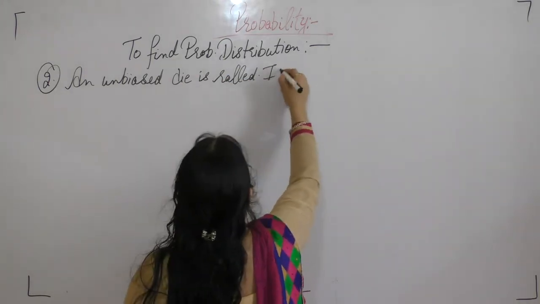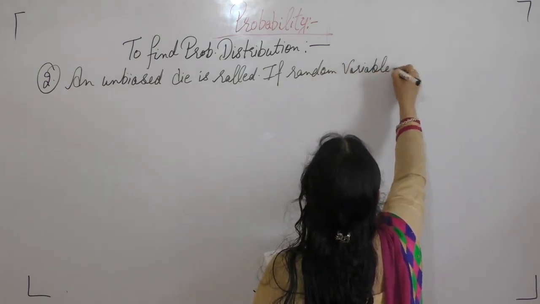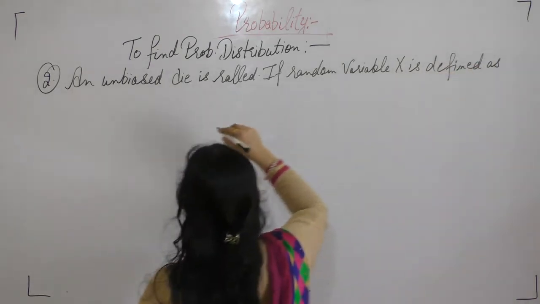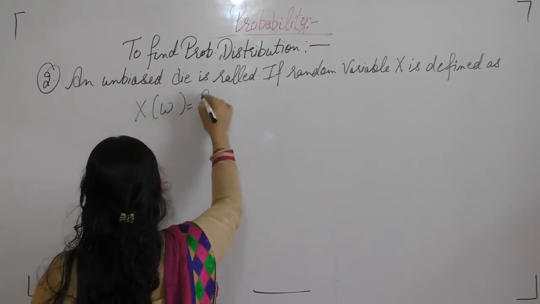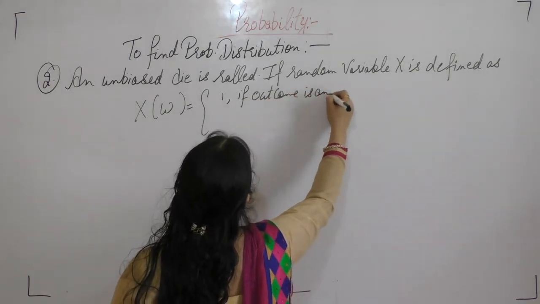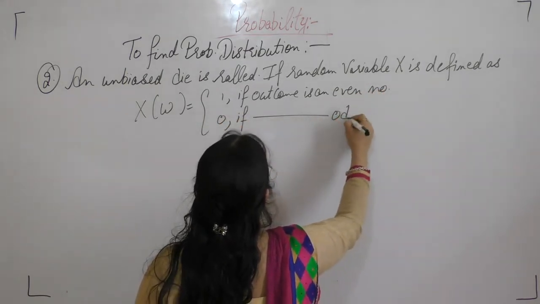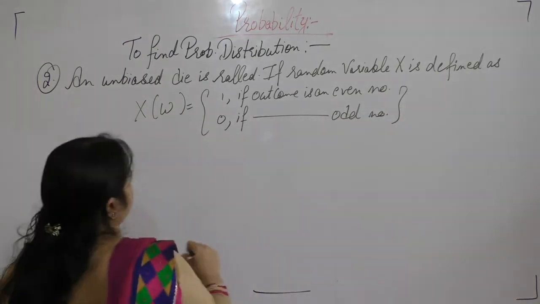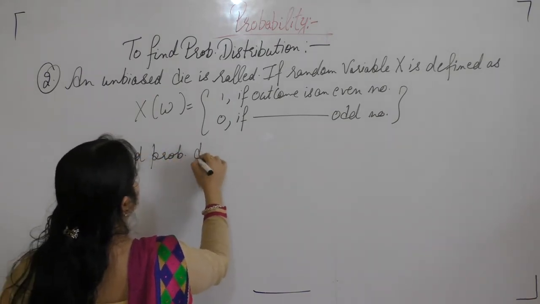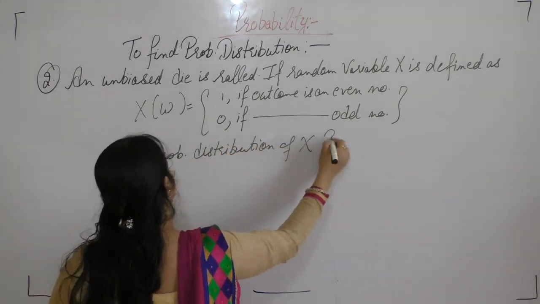If random variable x is defined, find the probability distribution of x.